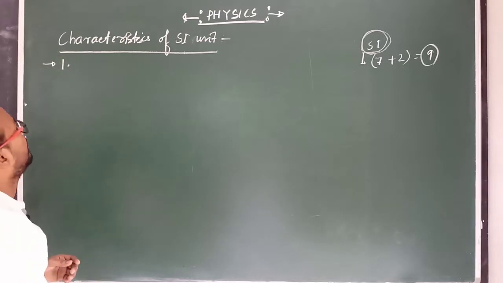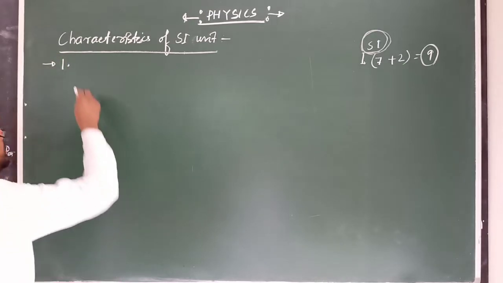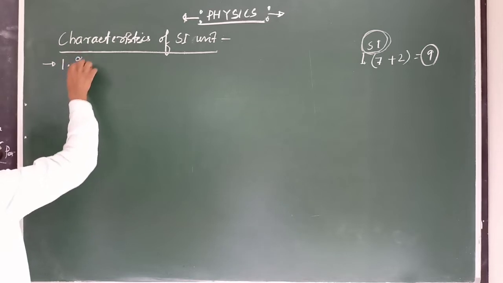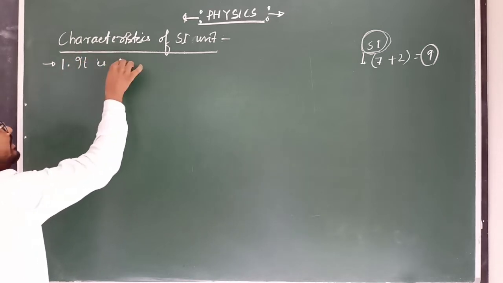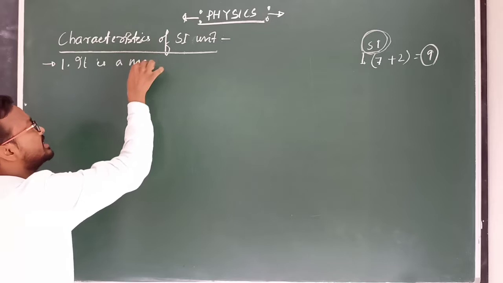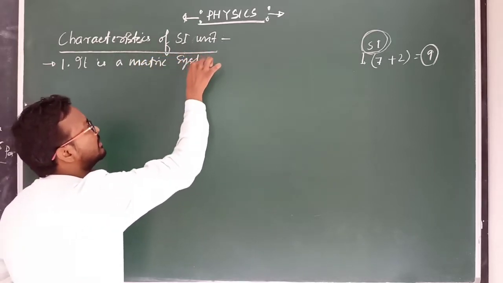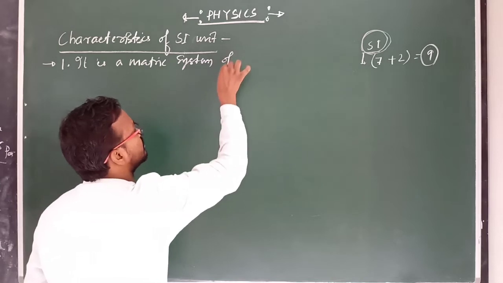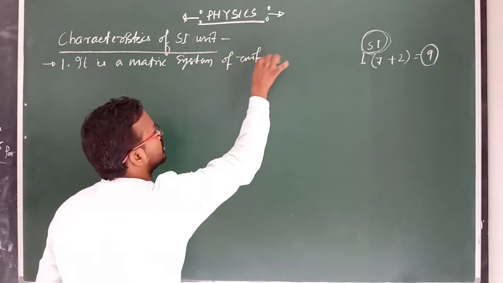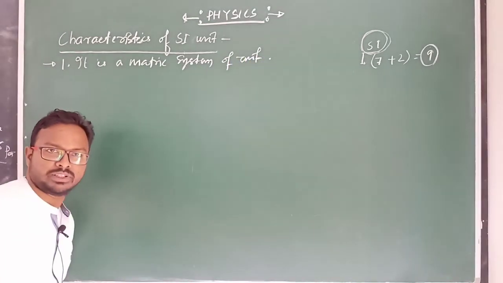Now the first characteristic of SI unit is that it is a metric system of unit. So what is a metric system of unit?